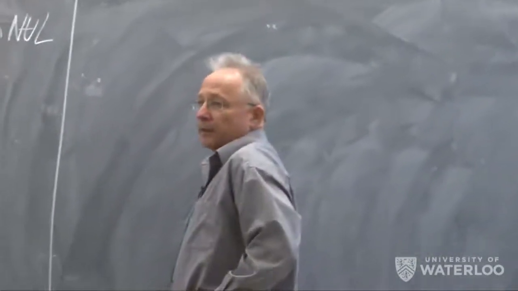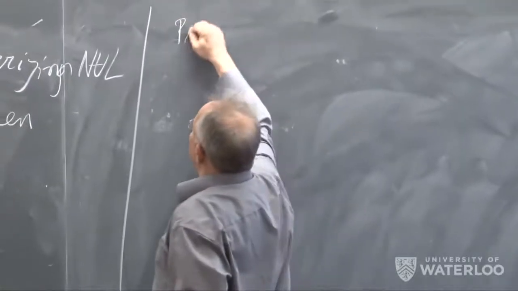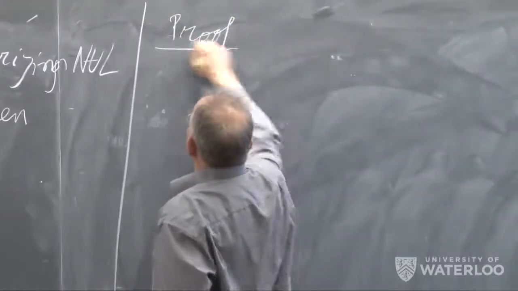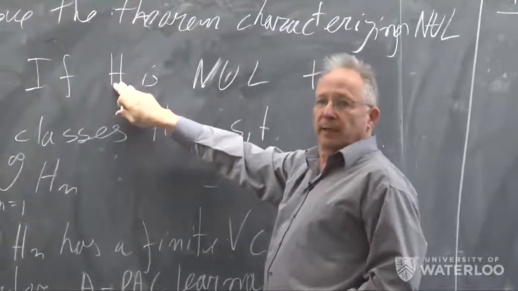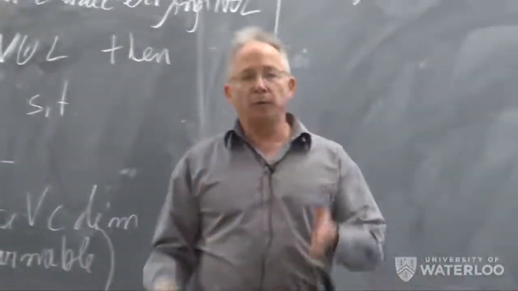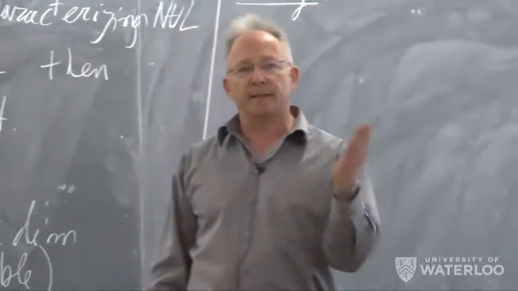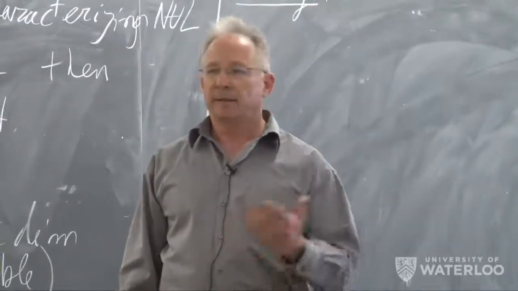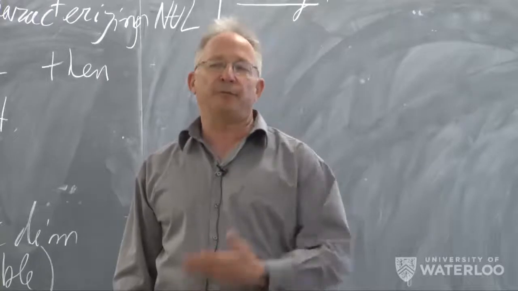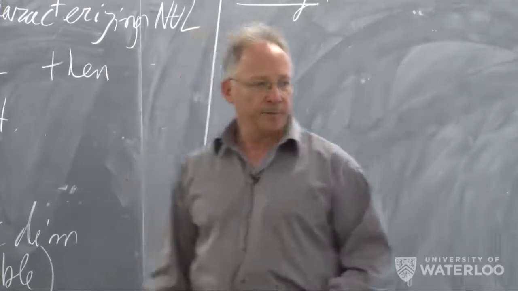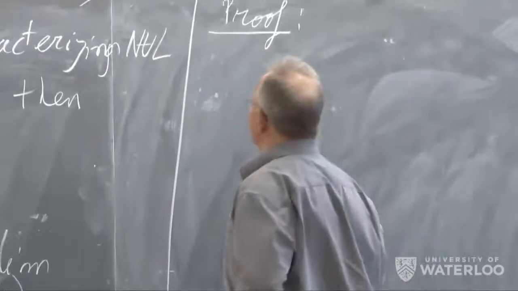Okay, so what will be the proof? You give me such an H and you tell me it's non-uniformly learnable. I have to tell you how to cut it into slices, Hns, such that each of them will have a finite VC dimension. So what am I going to do?